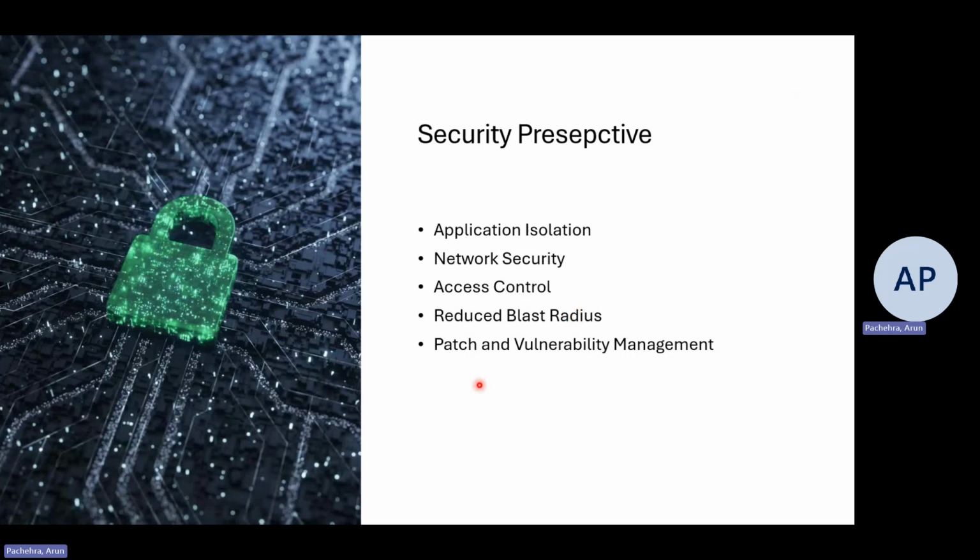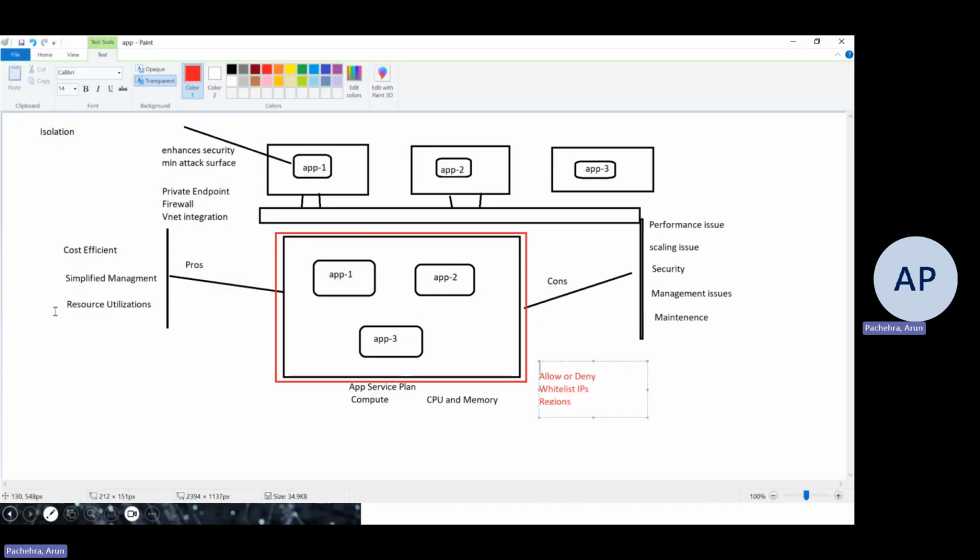Finally, patch and vulnerability management, because independent app service plans ensure each app can be patched or updated without affecting others, which is important for reducing the risk of unpatched vulnerabilities, as we also talked about under resource utilization. So if this particular app is getting upgraded or a vulnerability is found, it will be worked upon and the others will not get impacted because they are isolated.